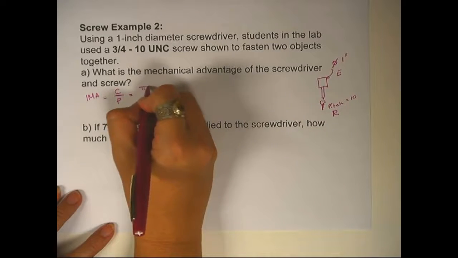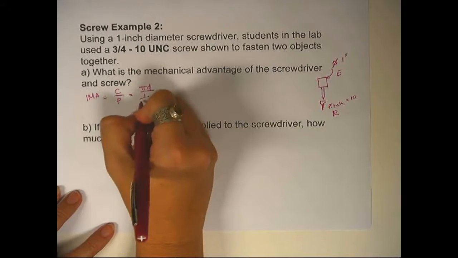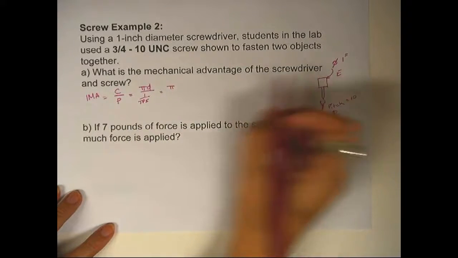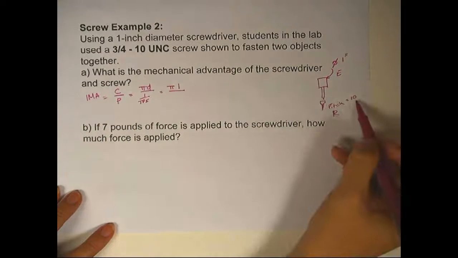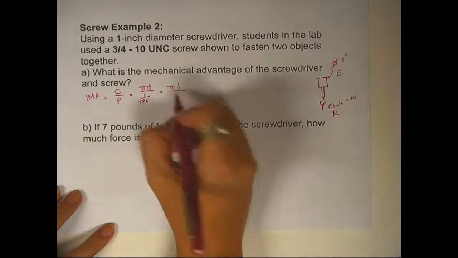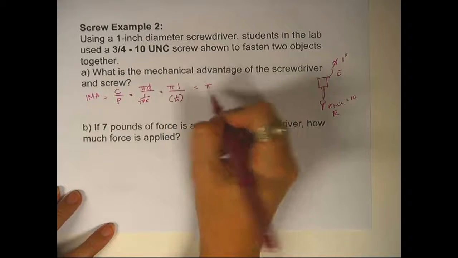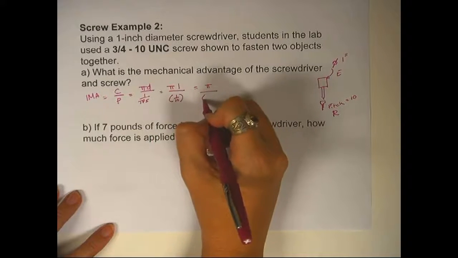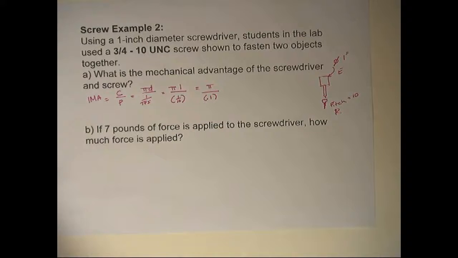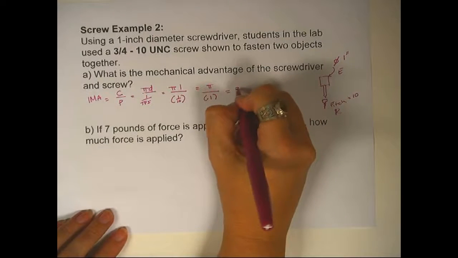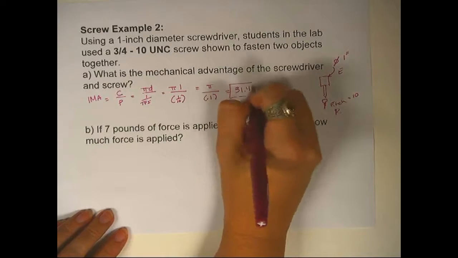So that's pi d over 1 over the threads per inch. Pi, my diameter up here is 1. My threads per inch is 10, so this is 1 over 10 on the bottom. So on top I just have pi, and on bottom 1 divided by 10 is 0.1. Divide that in your calculator, 3.14 divided by 0.1, and we get 31.4 is our MA.